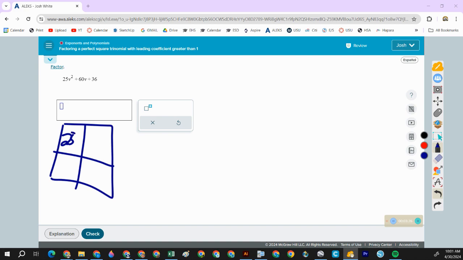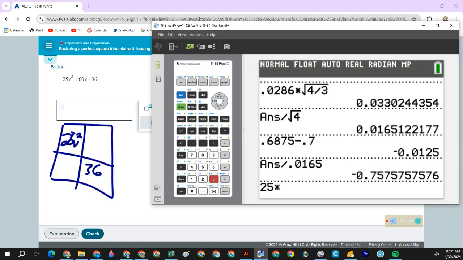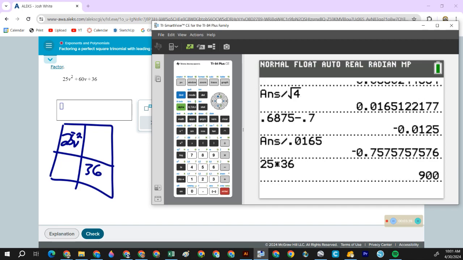So 25v squared and 36. Multiply those together, which is going to be a big number. 25 times 36 is 900. And I want two numbers that multiply to be 900 and add to be 60.